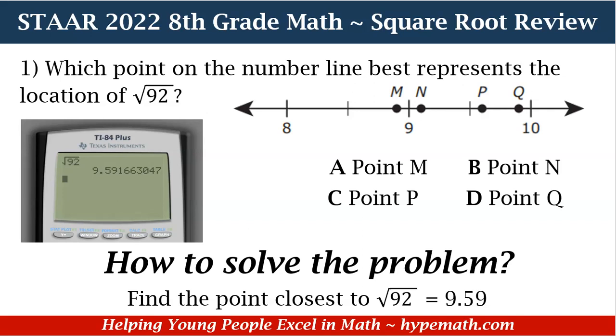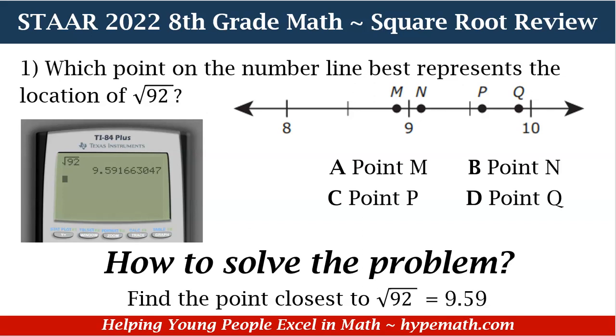And I want to talk about the number line one more time, because that is what's going to help us find the correct answer. We have a number line with the whole numbers 8, 9, and 10 on there, and in between 8 and 9 there's another hash mark. That's 8.5, because that's the halfway point between 8 and 9.